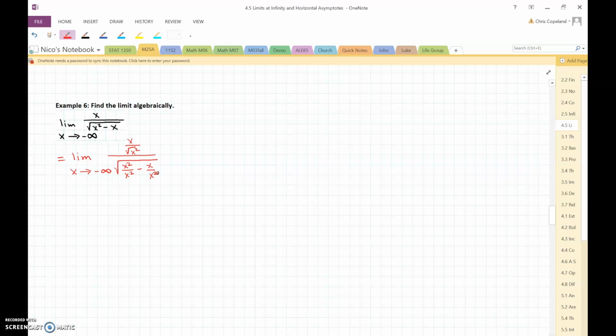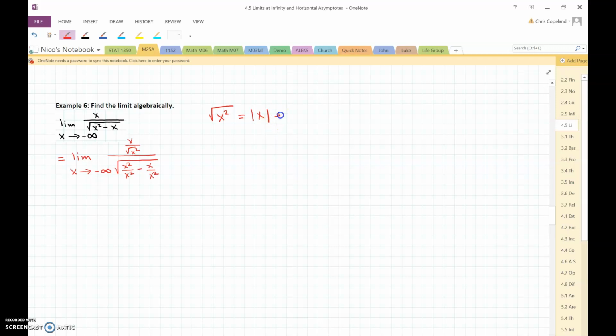Okay, and then let's look at the function, the square root of x squared. That is actually equal to the absolute value of x.